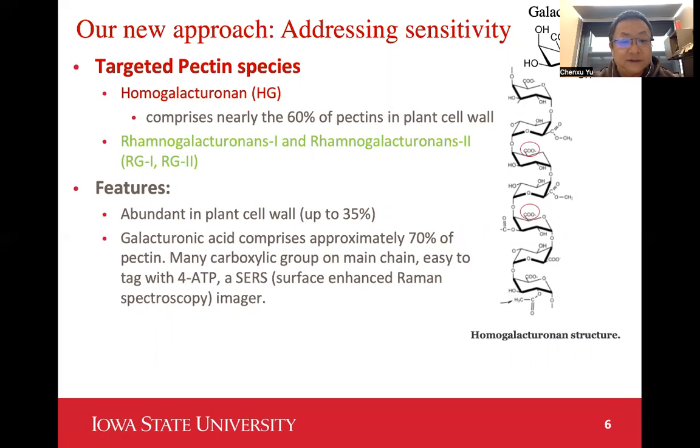They make up to 35% of the plant cell wall material, and their base unit is galacturonic acid, so they have the carboxylic group that is needed for attaching 4-ATP. And we can use an EDC and NHS facilitated coupling reaction to attach 4-ATP to this pectin species, which will improve the signal intensity.